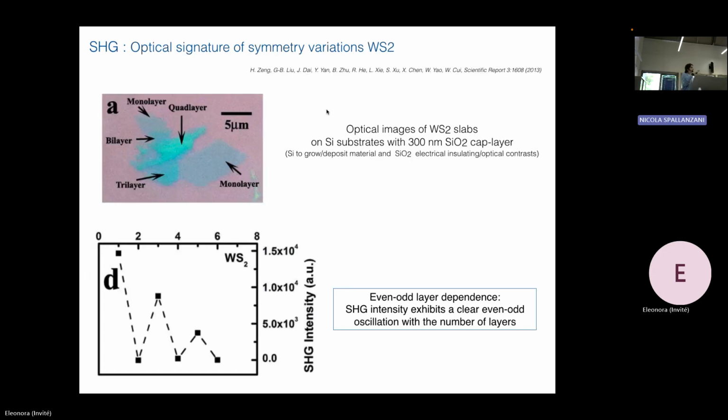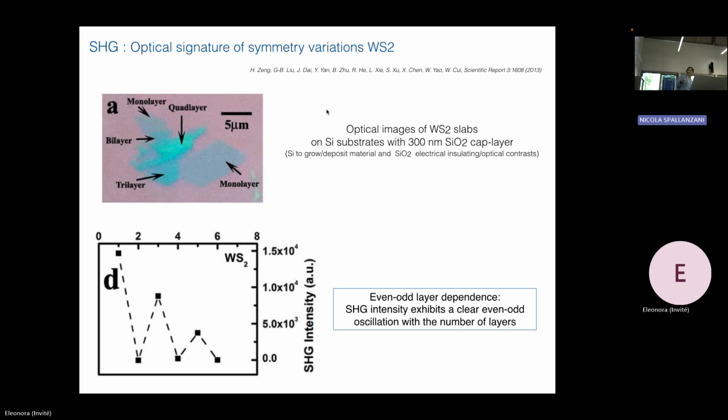Then the other thing that was nice with this material and with second order generation is that, as I told you, it's very sensitive to symmetry. So, for example, here I just want to show you another material that is grown on this substrate, and there are layers, and so on.